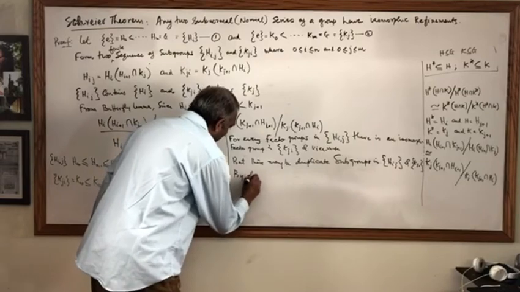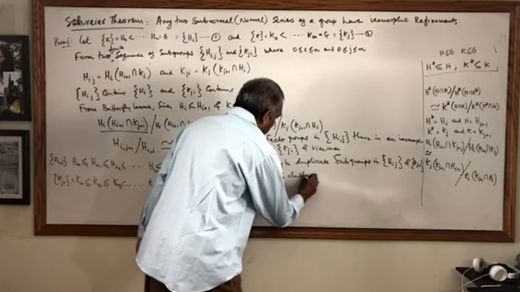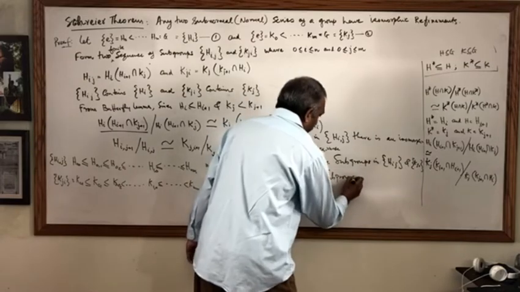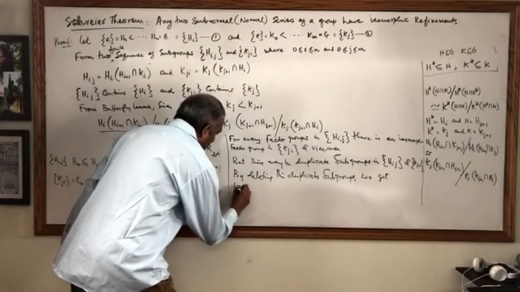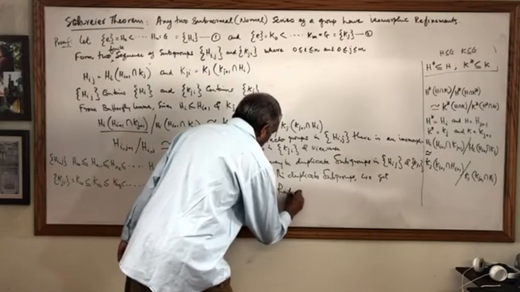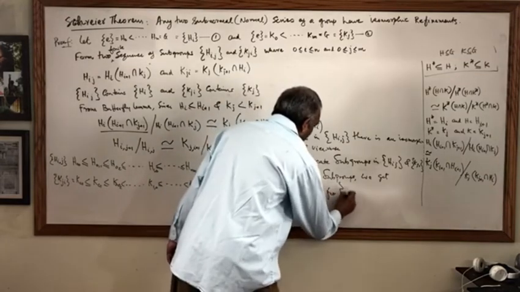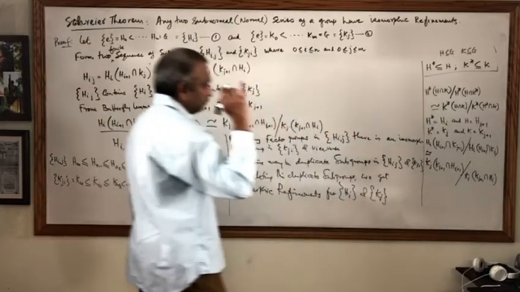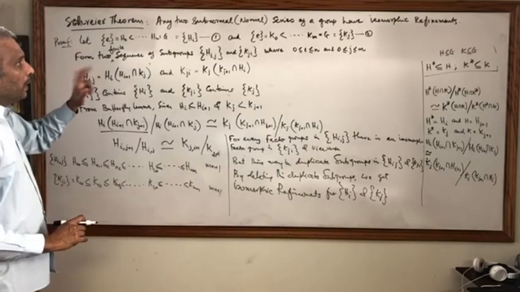By deleting the duplicate subgroups, we get isomorphic refinements for Hi and Kj. Okay, and that is a proof of our main result.